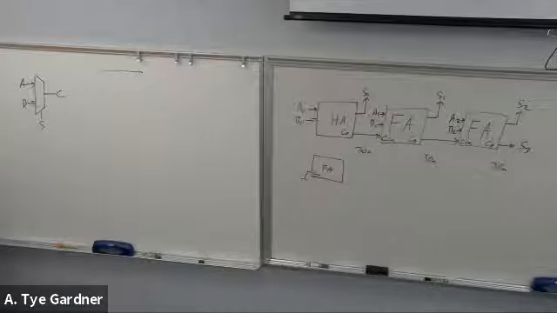So what if I want a 4-to-1 MUX? Well, there are two ways I can do this. The first way is I could draw the truth table.